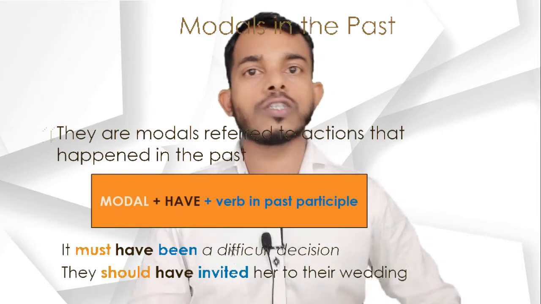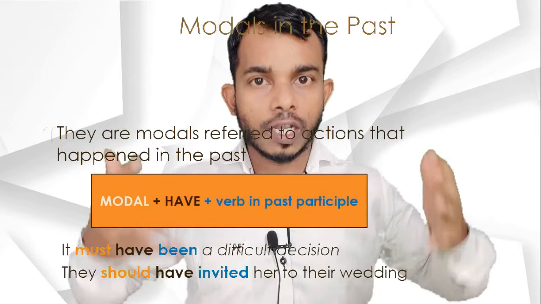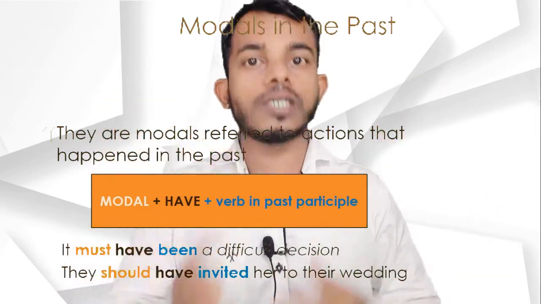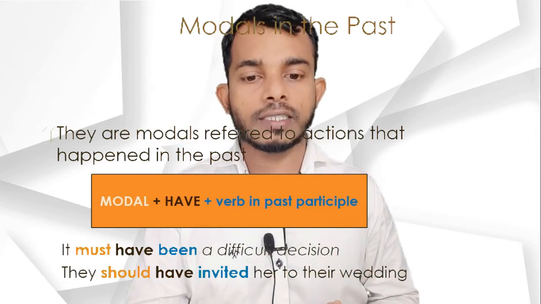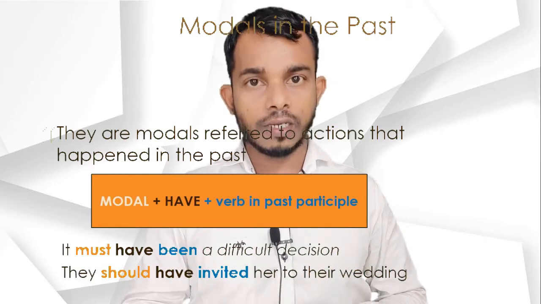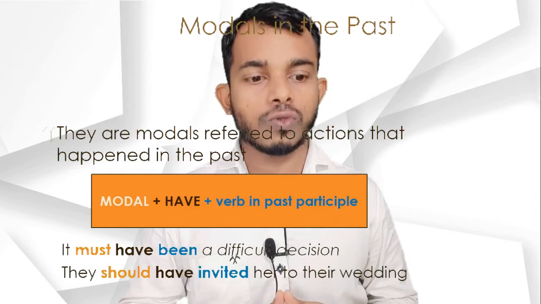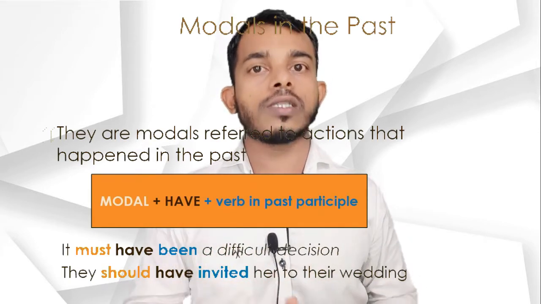Past actions can be expressed using modals by adding have plus past participle. For example, it must have been a difficult decision. They should have invited her to their wedding. Like that it can be used in sentences.